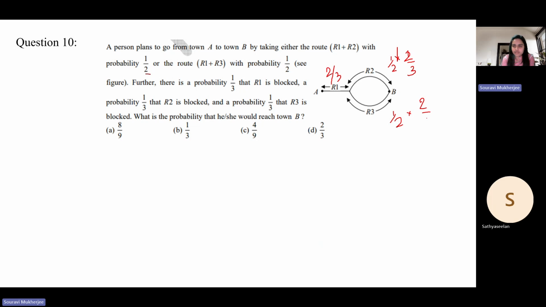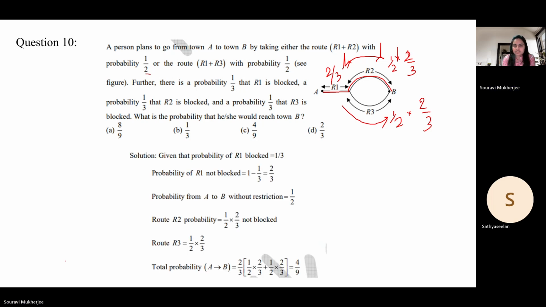Now, the act of taking this route and the act of taking that route are independent of each other. But the event you are talking about comprises both. So first this has to happen, then this will happen. That means you multiply this by this, and again this by this. That's how you have to do it.